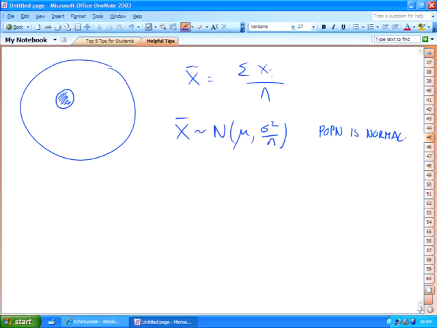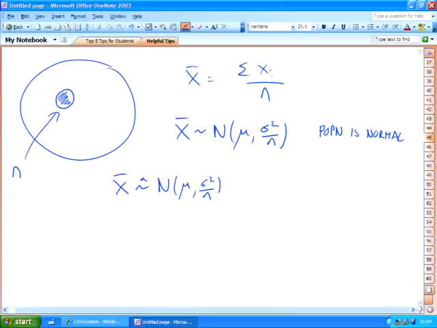But what the central limit theorem says is that even if it doesn't have a normal distribution, if our sample size n is large enough, then x bar has an approximate normal distribution with mean mu and variance sigma squared upon n. So this will be the case if the population is not normal, but n is large enough.